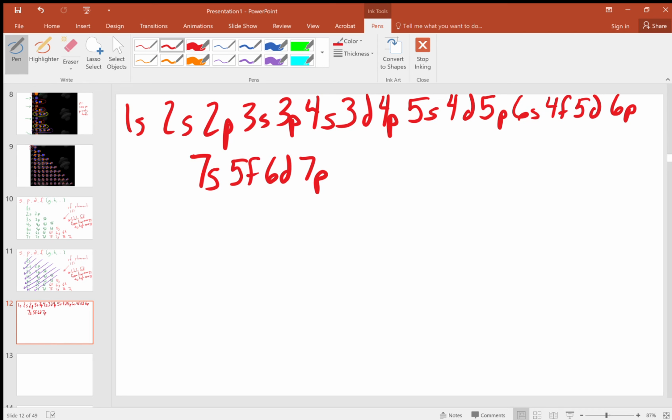So that's the order. And so if we are trying to determine which orbitals electrons are in for a given atom, we start with the 1s, we fill it, and we move up from there.